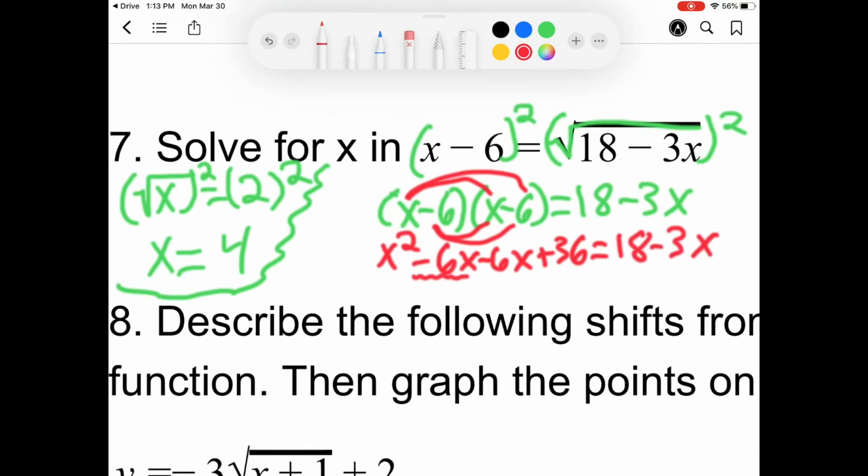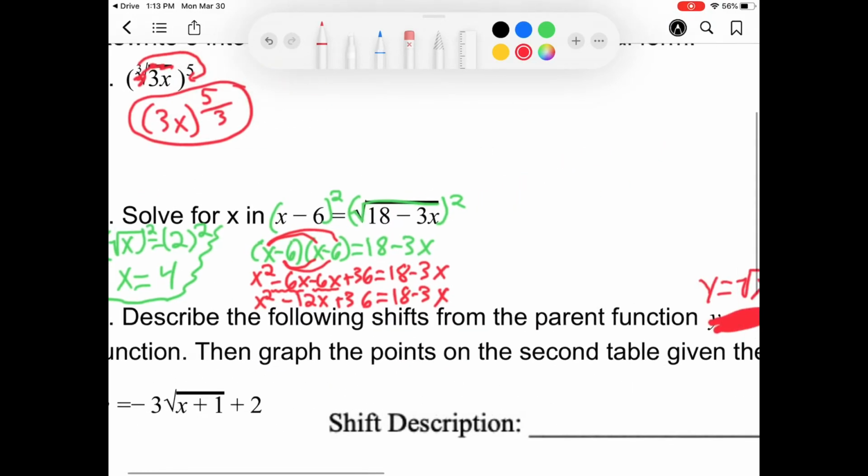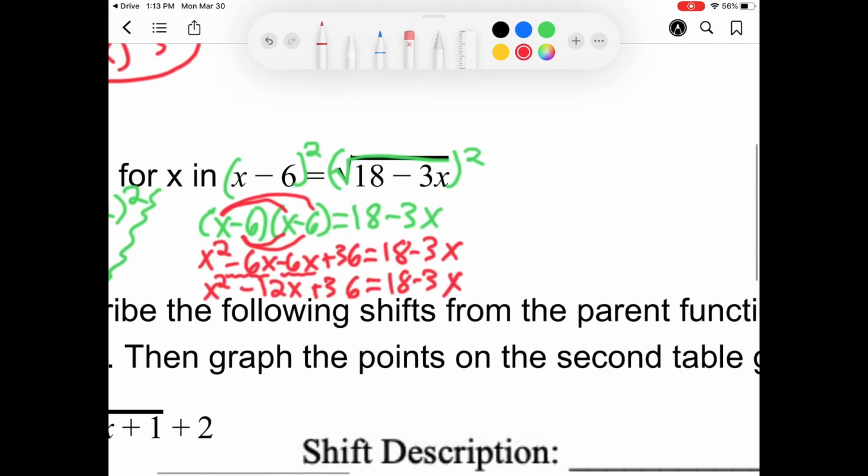Then we can simplify. Our negative 6x's are like terms. So we get x squared minus 12x plus 36 equals 18 minus 3x. Then we are going to get one side equal to 0.